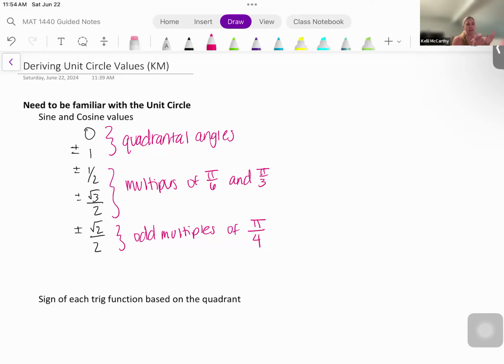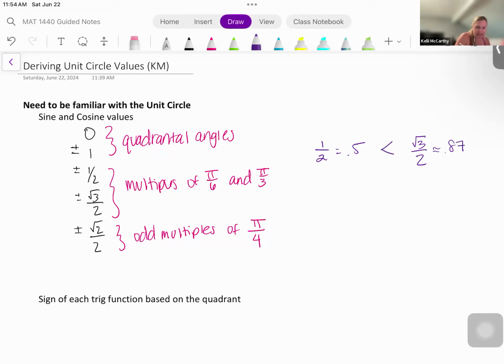So with that 1/2 and the square root of 3/2, we do want to think about their decimal approximations. We know 1/2 is equal to 0.5. And then we have square root of 3/2, which if we calculate that, is approximately 0.87.